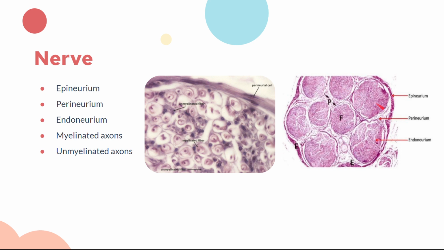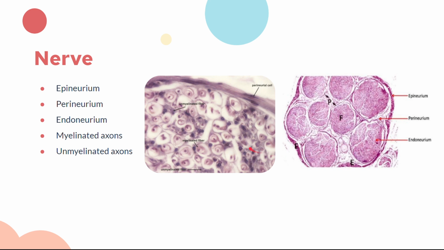And this other section that is inside that is the perineurium, which the perineurium is going to go around. And then you see this makes up the fascicles. And then within those fascicles, we have the endoneurium. So these ones right here are the endoneurium.